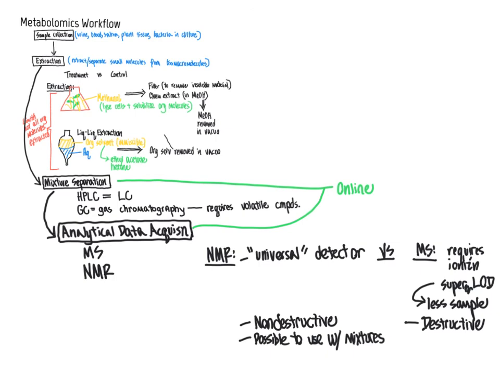So what happens after the analytical data are evaluated? Well, at that point, the process of analyzing those data begins. And so we'll put here at the end of our pathway the data analysis and interpretation.